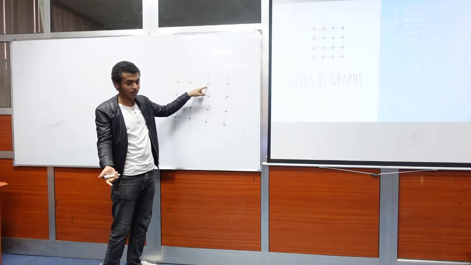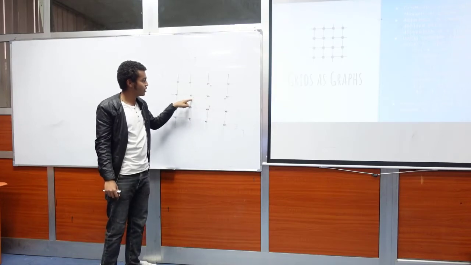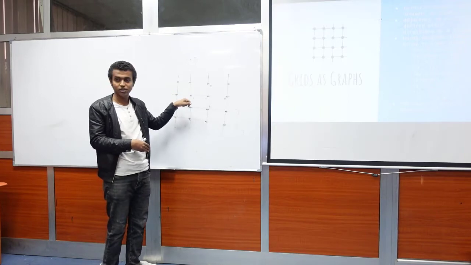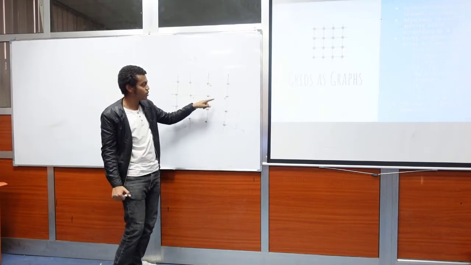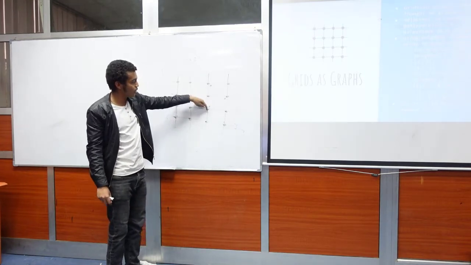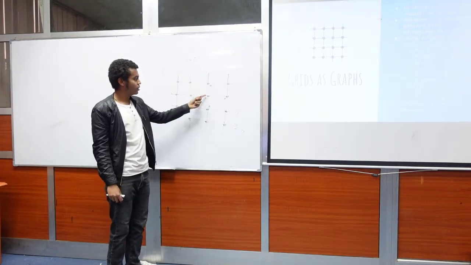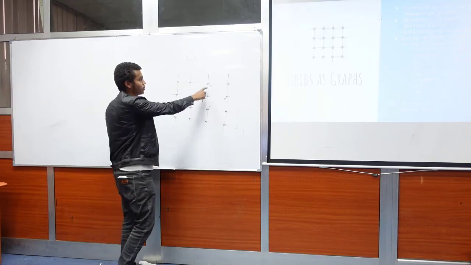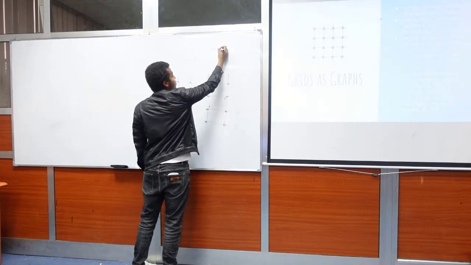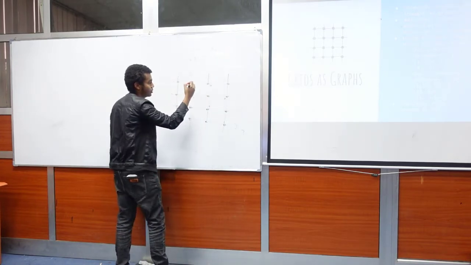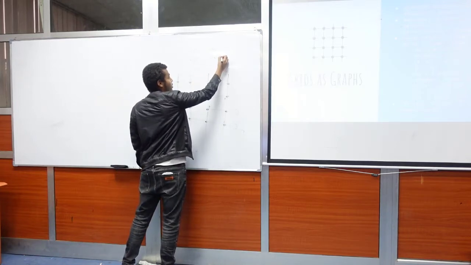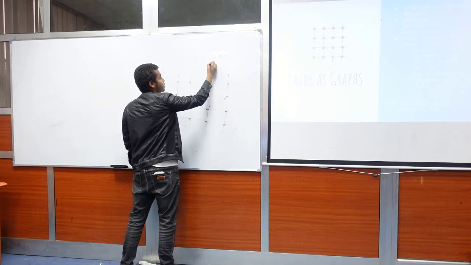Row number, row index. And then to find its left neighbor, we decrease 1 from its column. And then in order to find the right, we increase 1 from the column. And then in order to find E, we just decrease 1 from its row. So this value is going to be 0 and 2. And then C is going to be 1 and 1.